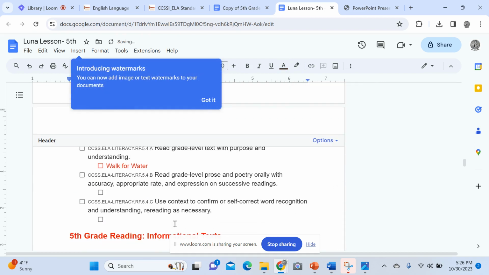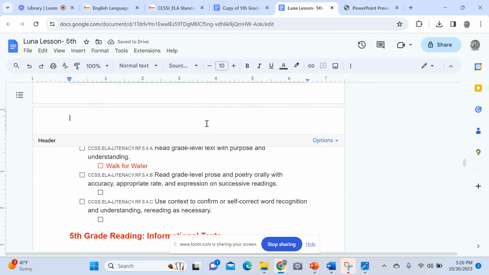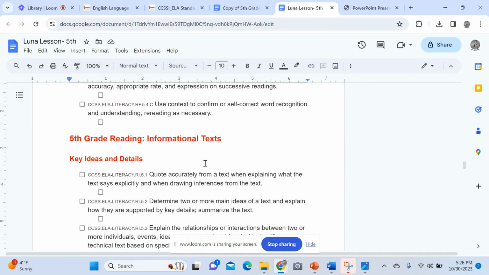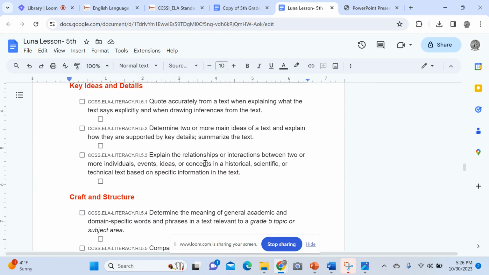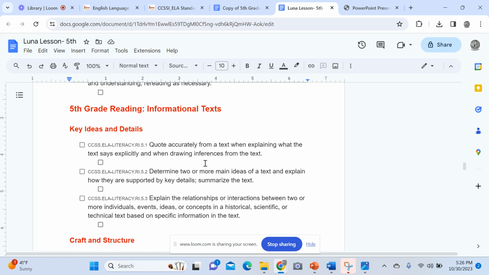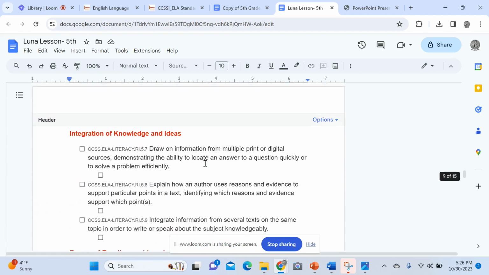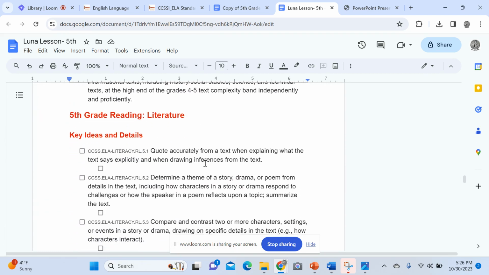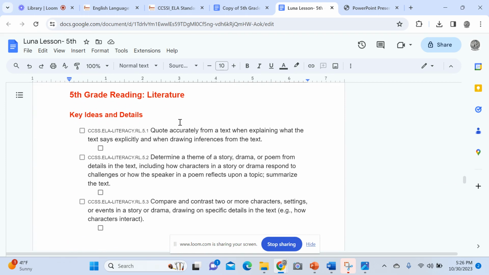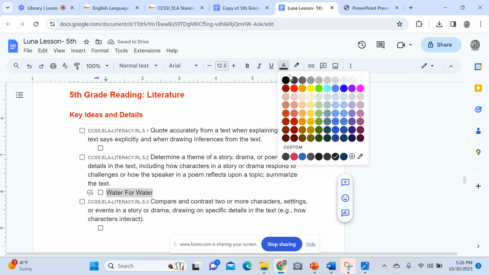So now, for this unit, I have 2 vocabulary standards. I have a fluency standard, and it's not informational text. So I'm going to keep scrolling and get down to literature. In this novel, I am going to work on theme, and I'm going to work on comparing and contrasting characters.